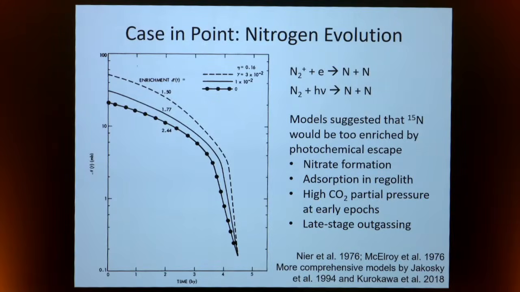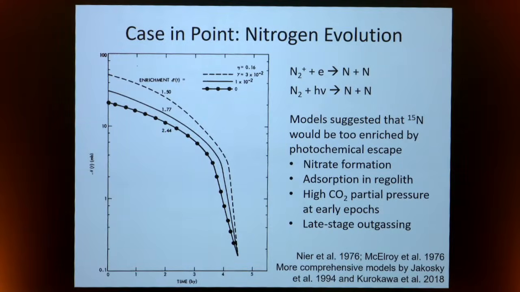So for nitrogen, which is the first element that showed strong evidence for atmospheric escape, this is the Viking data from early on. And even in the Viking days, people quite realized almost immediately that when you include the isotopic effects of the photochemical escape of nitrogen, you already get too much fractionation in the outcome.